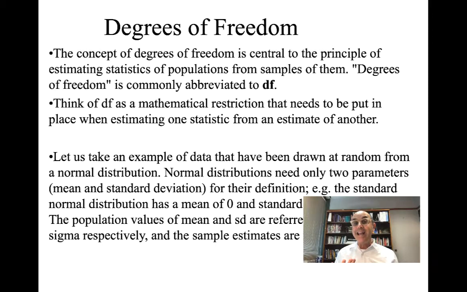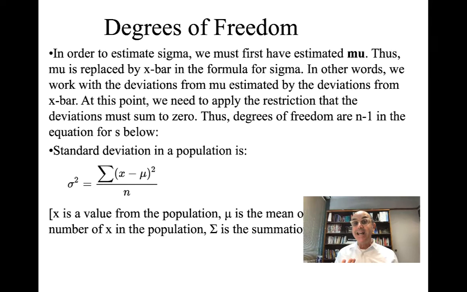Let's take, for example, data with random numbers from a normal distribution, and the normal distribution needs to have two parameters: one is the mean and one is the standard deviation. So we will have the mu, the sigma, and the sample estimates, the x bar and the s.